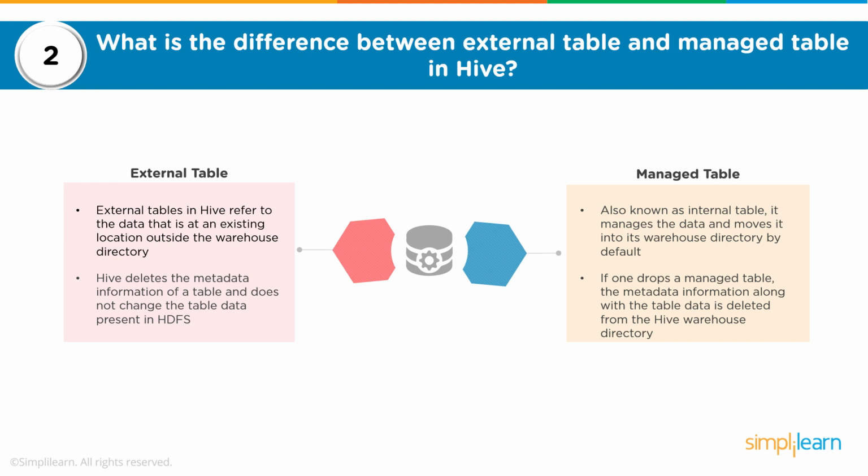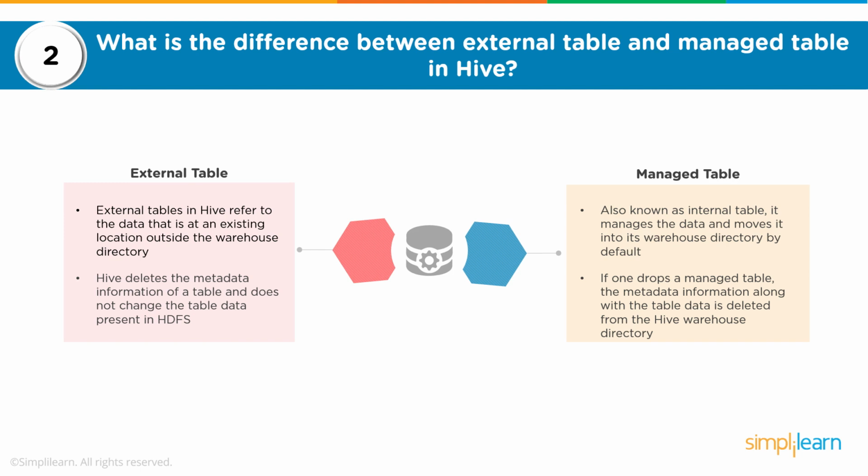Usually, whenever we create a table in Hive, it creates a managed table, or we could also call that an internal table. Now this manages the data and moves it into the warehouse directory by default. Whether you create a managed table or external table, usually the data can reside in Hive's default warehouse directory, or it could be residing in a location chosen.